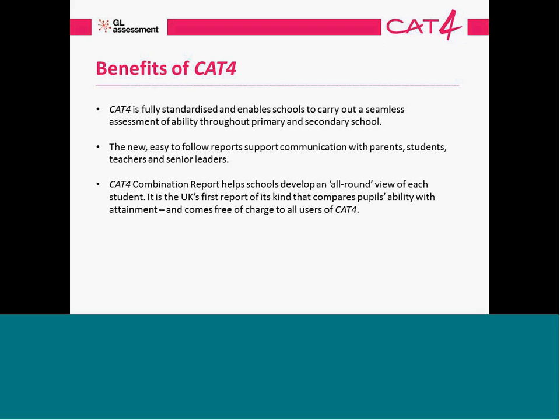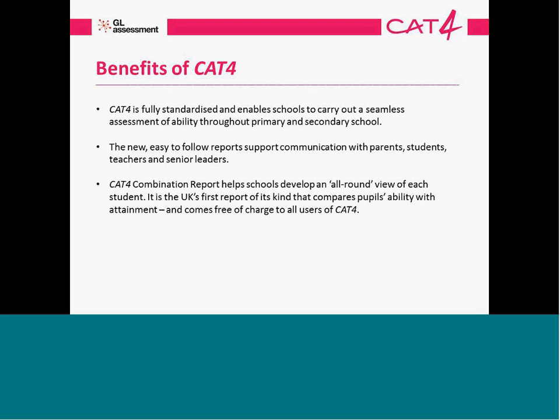And looking ahead a little bit, the combination report at the moment exists for the group reading test, and progress in maths. If any of you are looking to use our new progress test series, by the end of September, we will have a CAT4 combination report that allows you to compare ability in terms of CAT4 with attainment either through the new group reading test or with progress test maths and test English.